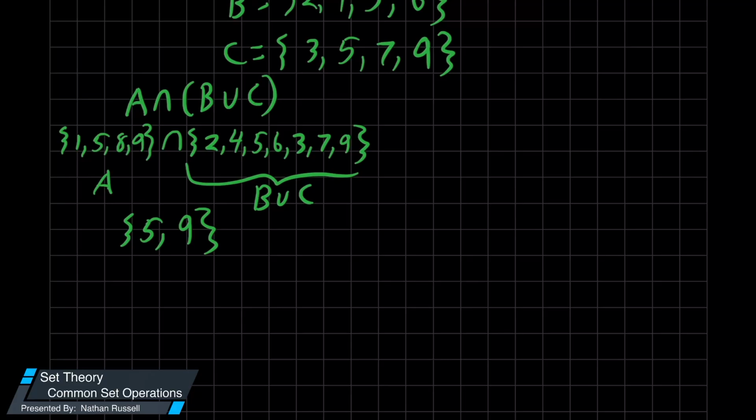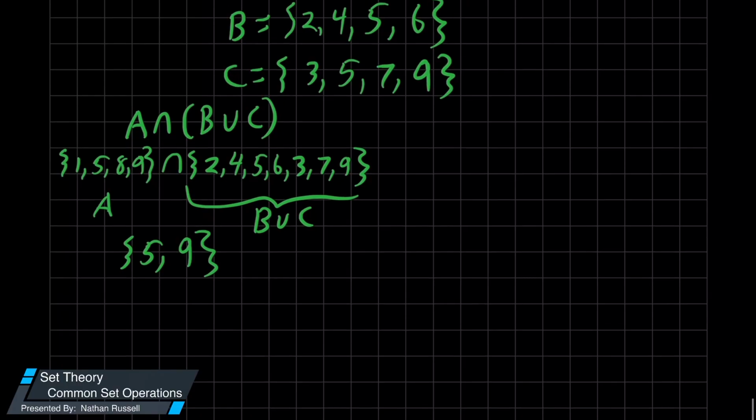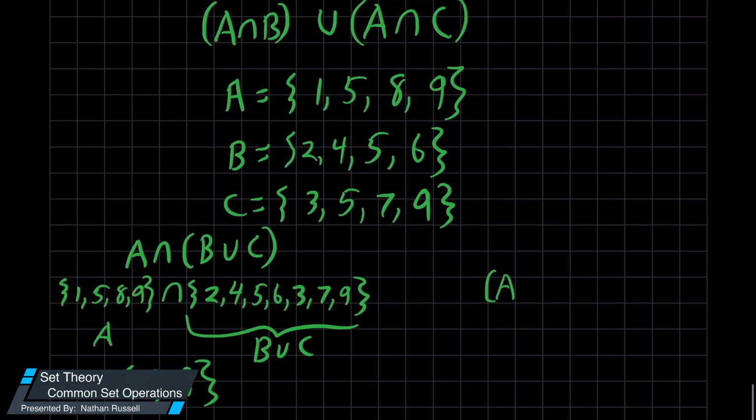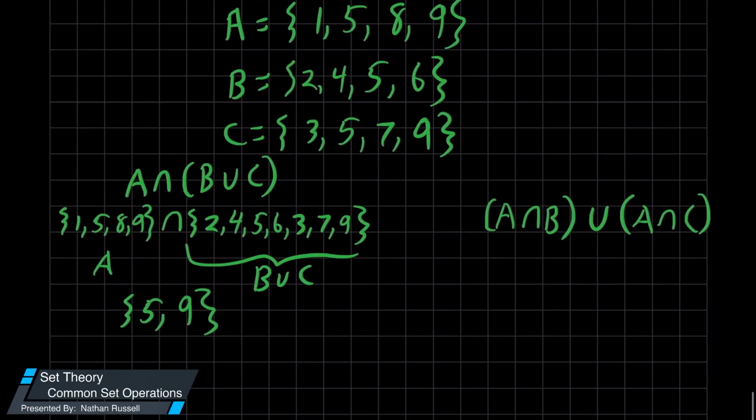Well, let's go over here and compute what it would be when we have (A intersect B) union (A intersect C). So first, what is A intersect B? Well, this will be the set containing the numbers not 1, but 5, not 8, nor 9.